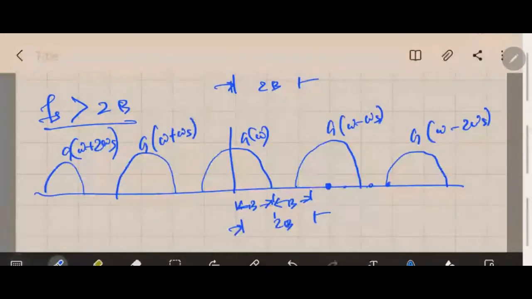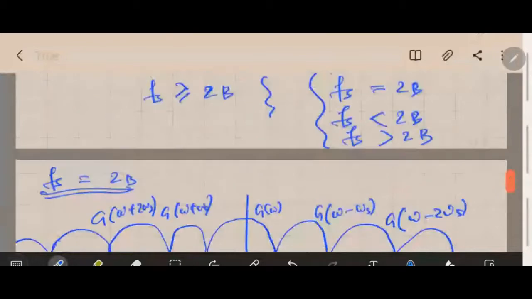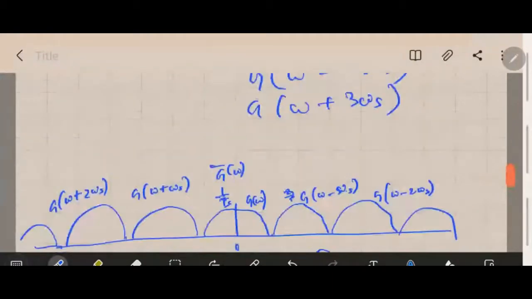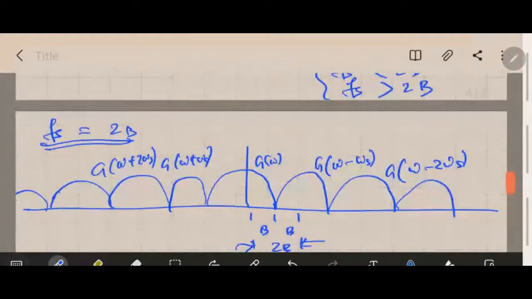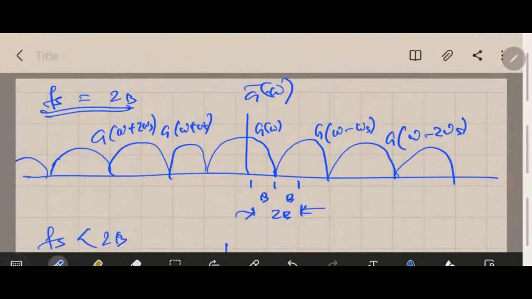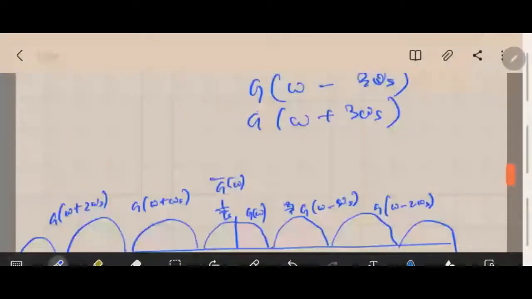Now there is something else we have to understand also. This is the sampled signal. This total spectra that you see here is g bar of omega, the sampled signal. Now when we are reconstructing, we have to get back our original signal, which is g of omega.